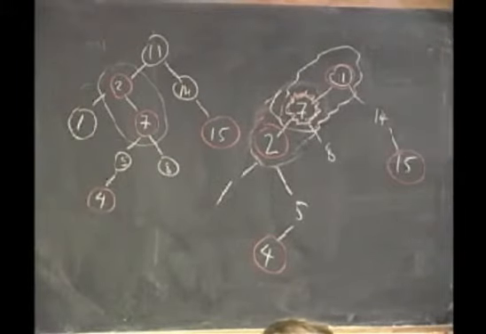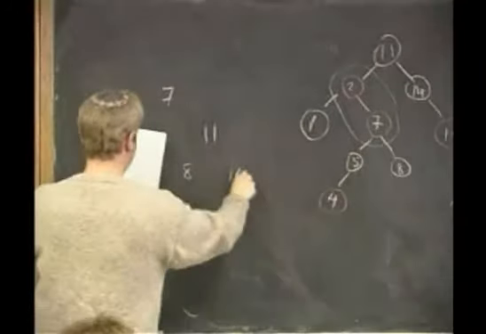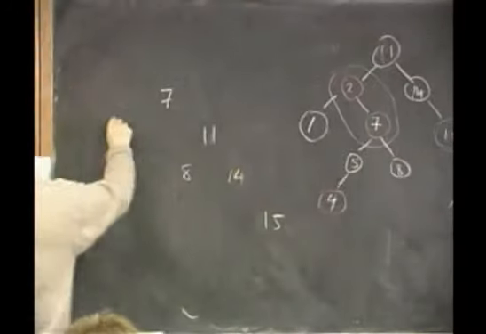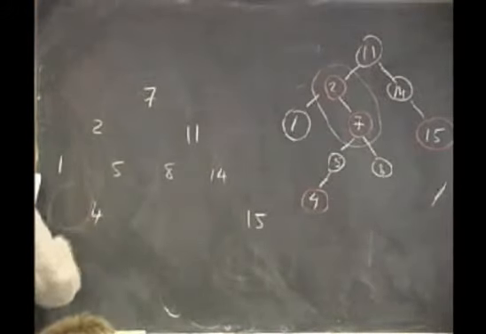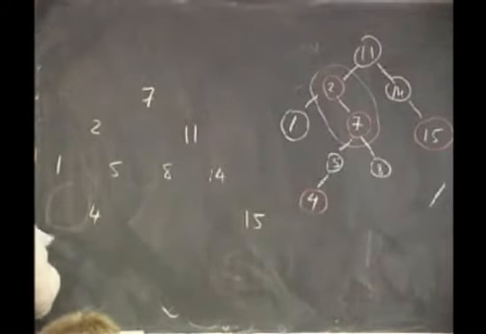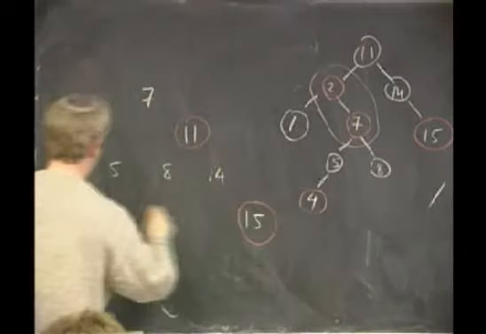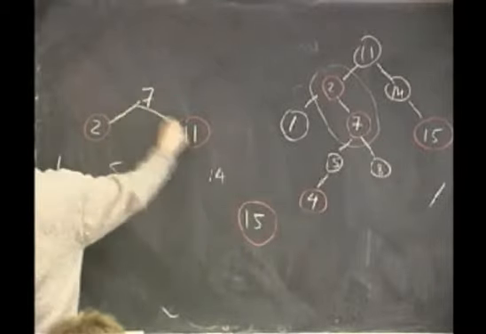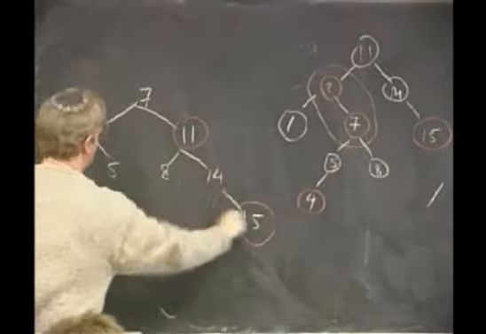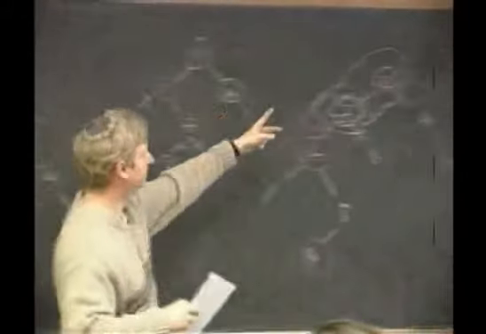What does it look like when we're done? 7, 11, 8, 14, 15, 2, 1, 5, 4. And here's the reds. A red here, a red here, a red here, and a red here. Let's check to see that that's right. The 7 and 11 rotate around.